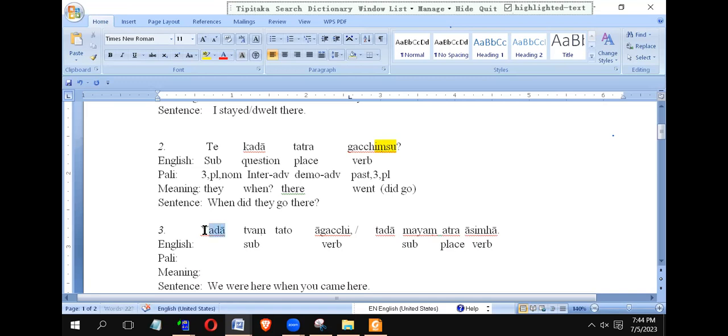So yada, all right? Everything that starts with ya is a relative. Relative adverb. So tato. Tato is from, you know, the meaning, you just put where, when.